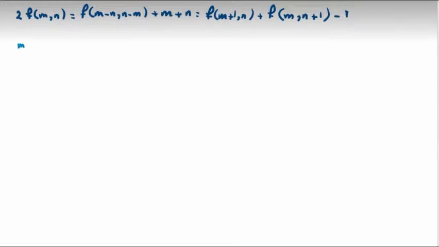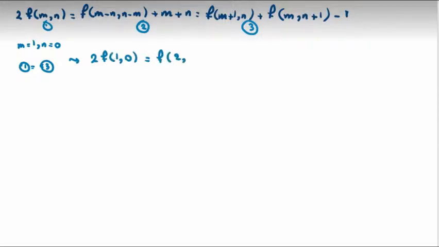First, let's replace m, for example, with 1 and n with 0, and use equation 3. Then we can calculate 2f(1, 0) equal to f(2, 0) plus f(1, 1) minus 1. What is f(1, 1)?